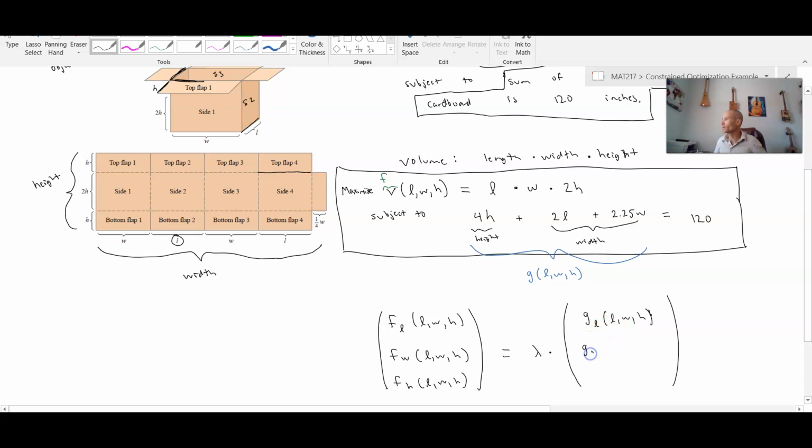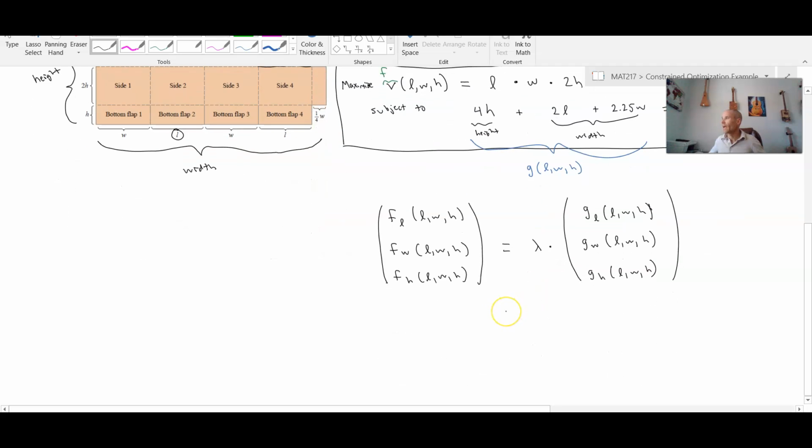Then we're going to have G sub W of L, W, and H, and G sub H of L, W, and H. So if you have 3 input variables, you have to have 3 partial derivatives. If you have 10 input variables, you'll have to have 10 partial derivatives. And then our final constraint is that 4H plus 2L plus 2.25W has to equal 120.